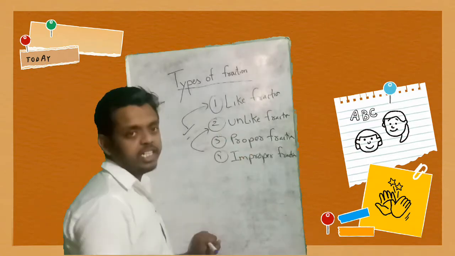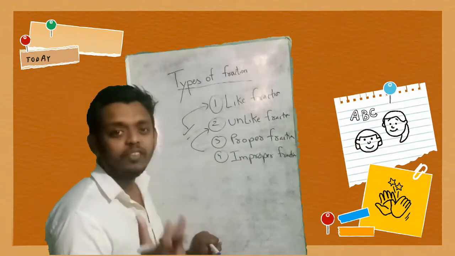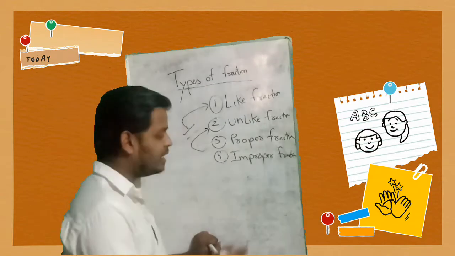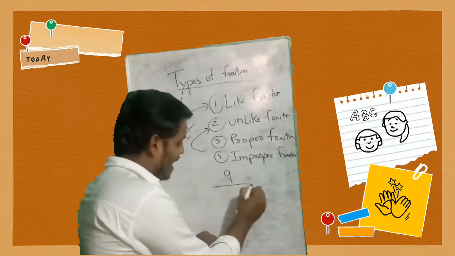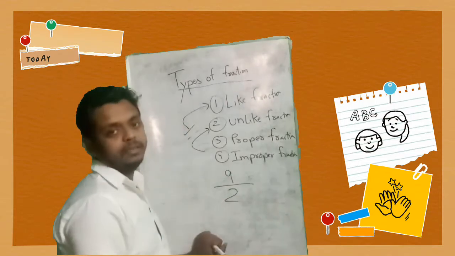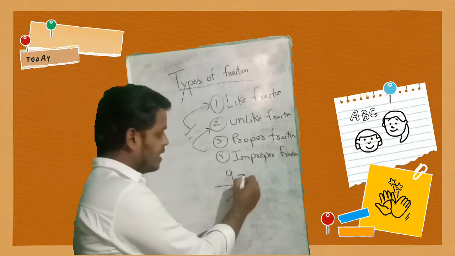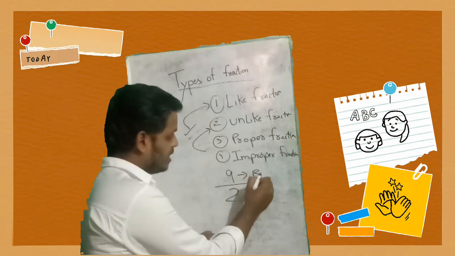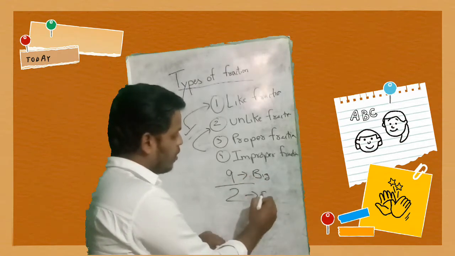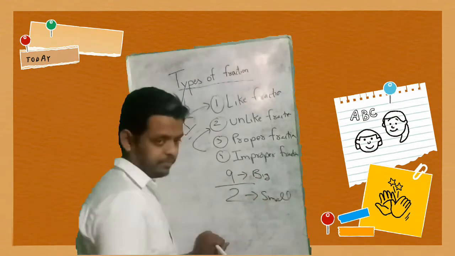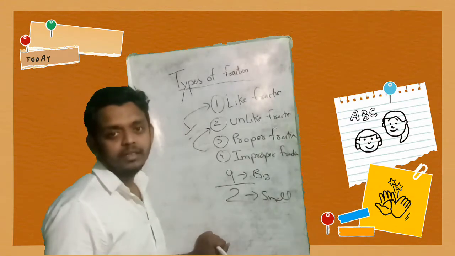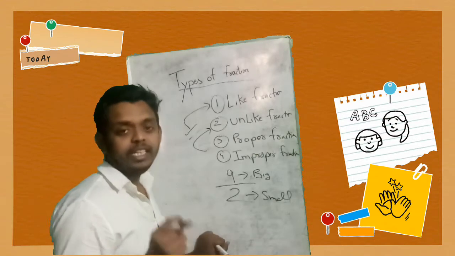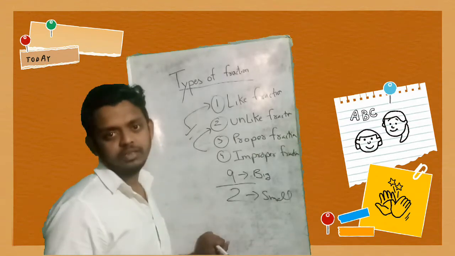So in an improper fraction, we will have the reverse of it: a big numerator and a small denominator. A fraction having a big numerator and a small denominator is known as an improper fraction.